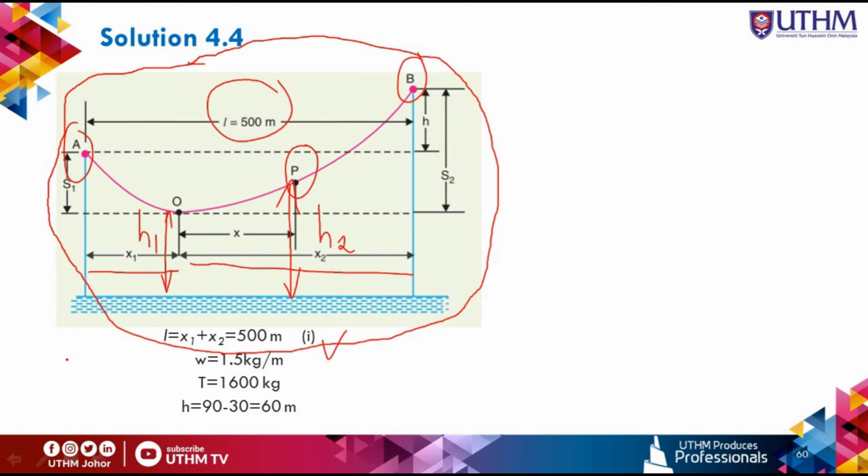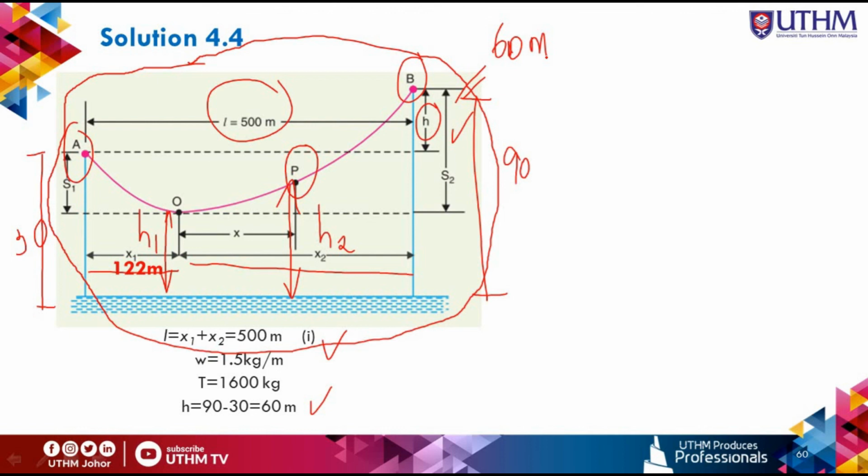Here you can get the difference in height between A and B. The height of tower B is 90 meters, and the height of tower A is 30 meters, so the difference H is 60 meters. I just show all the results here.